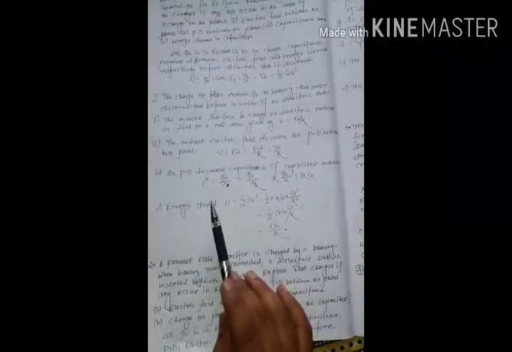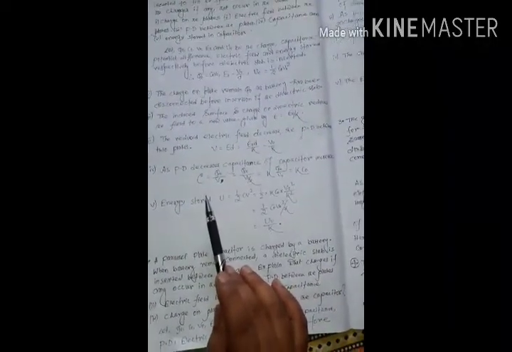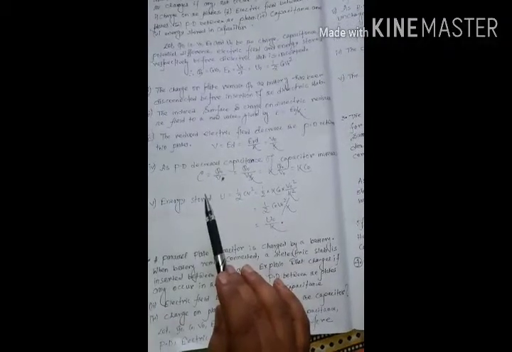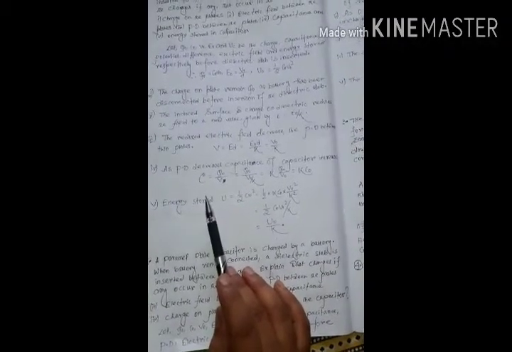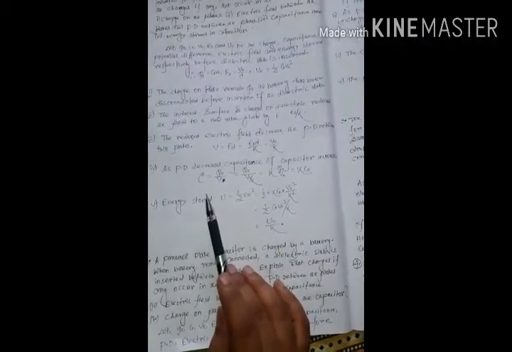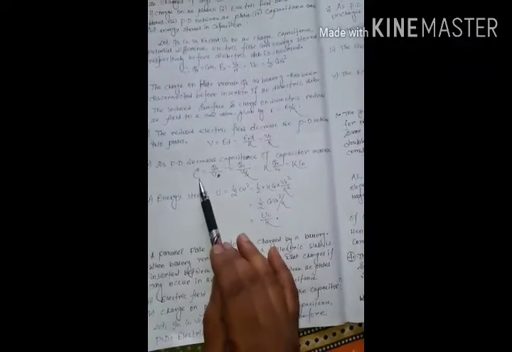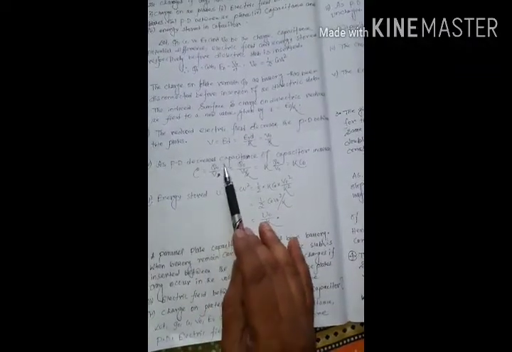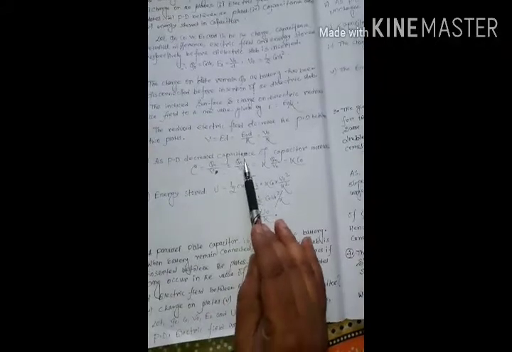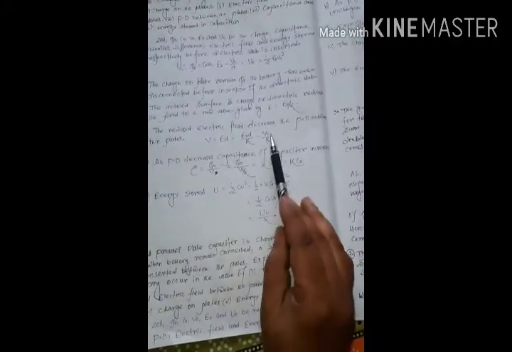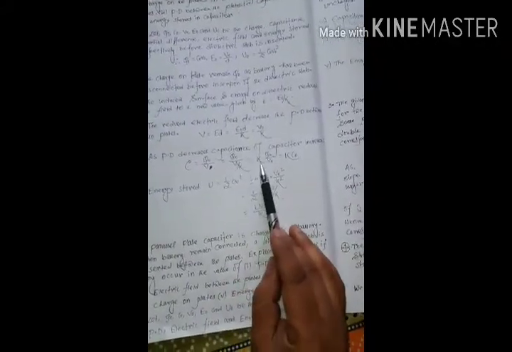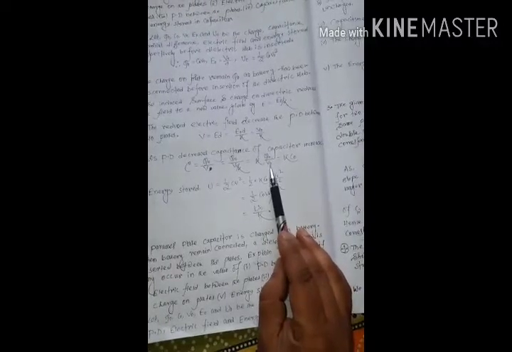Now next one, as the potential difference decreases, the capacitance of the capacitor will increase. Let the new capacitance of the capacitor be C. So therefore C equals Q naught by V. What is the value of V? V naught by K. So therefore K into Q naught by V naught.